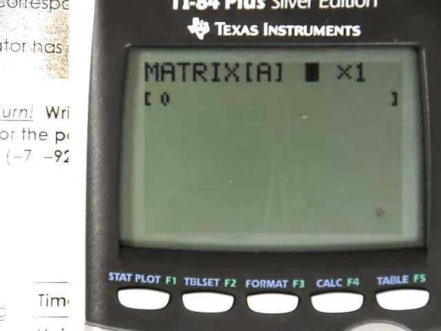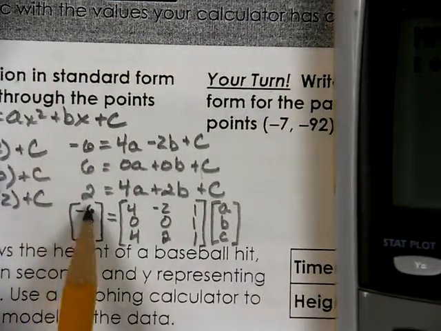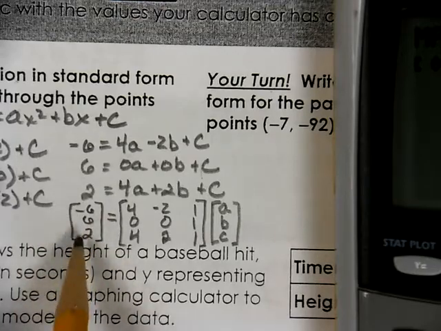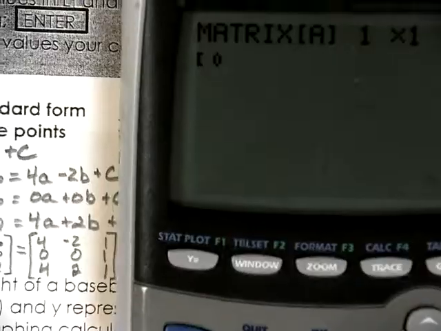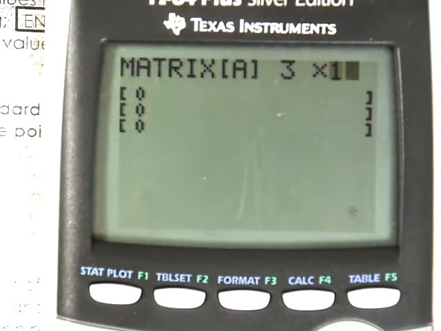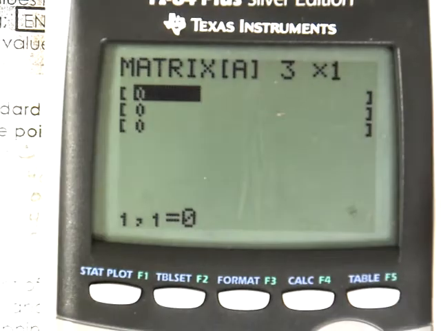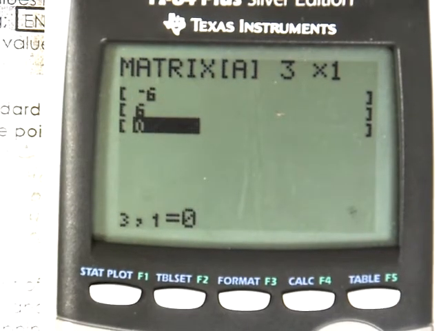So our first one, it has 3 rows and 1 column. 3 rows, 1 column. And you can see the way that it did it here in the calculator, it gave you a spot to type in -6, 6, and 2.